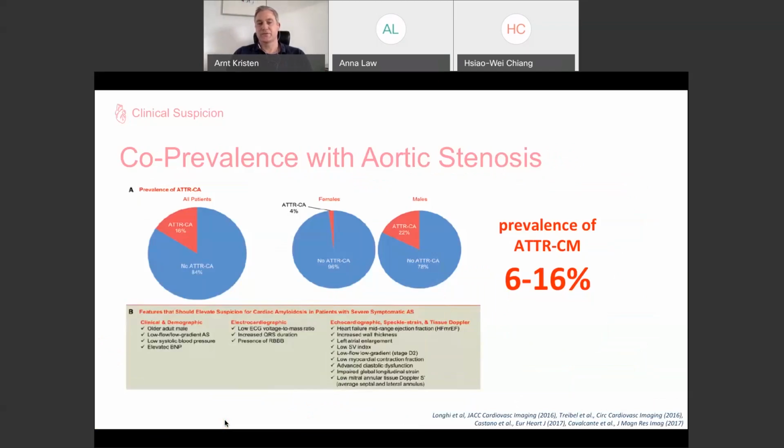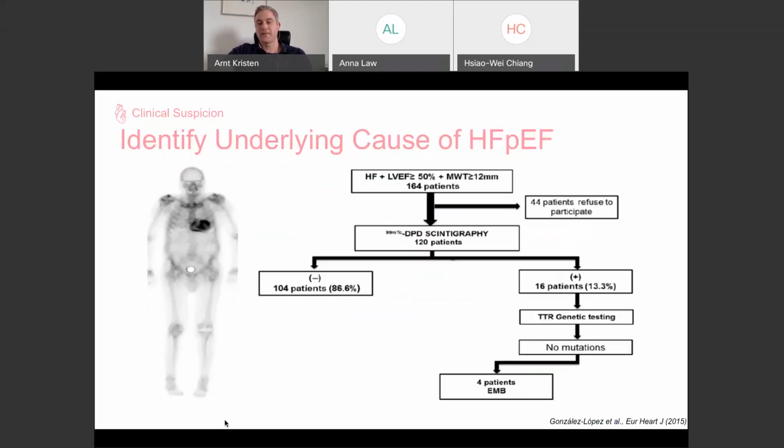These patients, as I already mentioned, are older adults, mainly male patients with low flow, low gradient aortic stenosis. They do have higher blood biomarkers, for example, NT-proBNP, and a more severe diastolic dysfunction in comparison to patients with aortic stenosis alone without ATTR-CM.